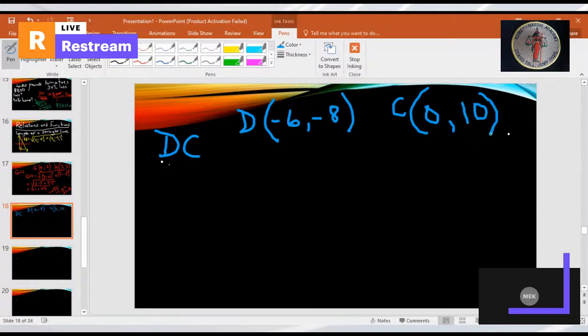To work out the length of the line DC, as soon as you're done working out the length of the line, post your answer.